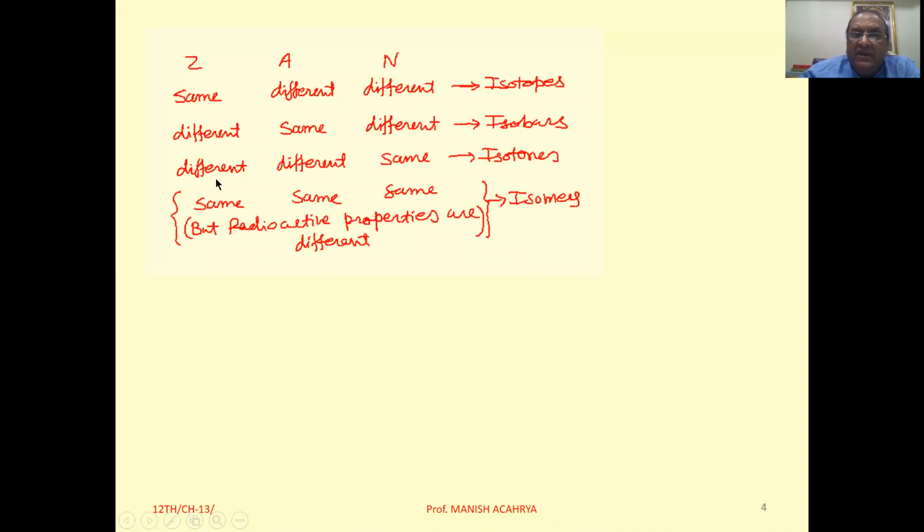Now, if Z is different, A is different, but the number of neutrons is the same, then they are called isotones. And if Z, A and N are all the same but the radioactive properties are different, then those elements are known as isomers.